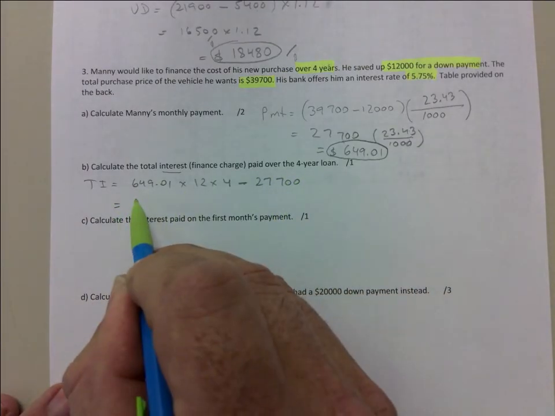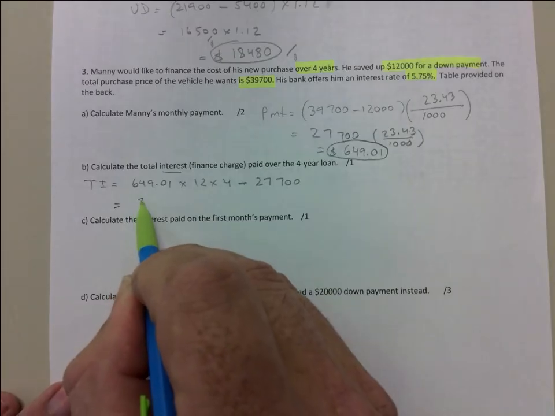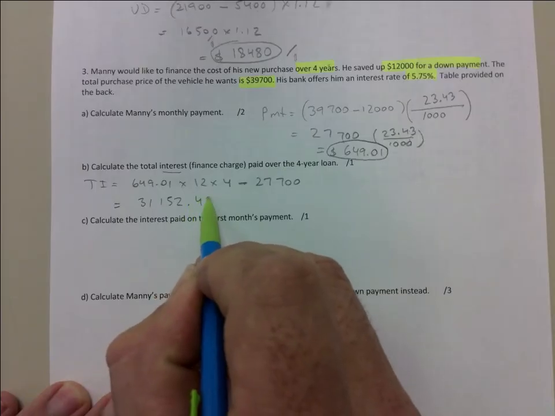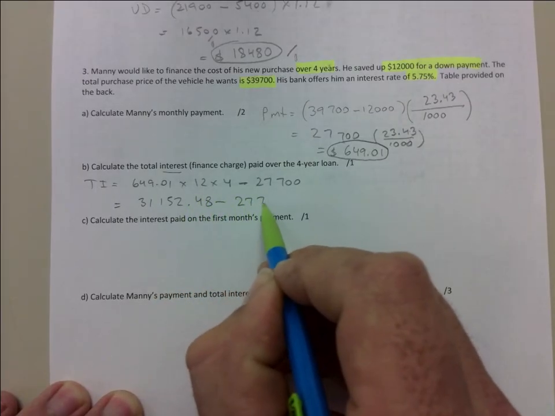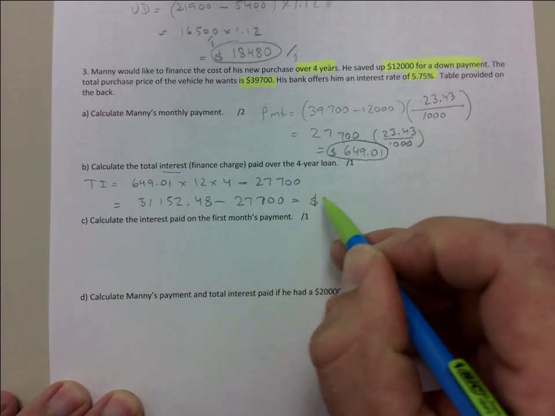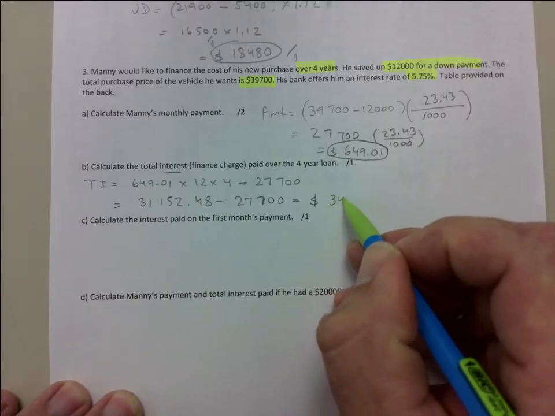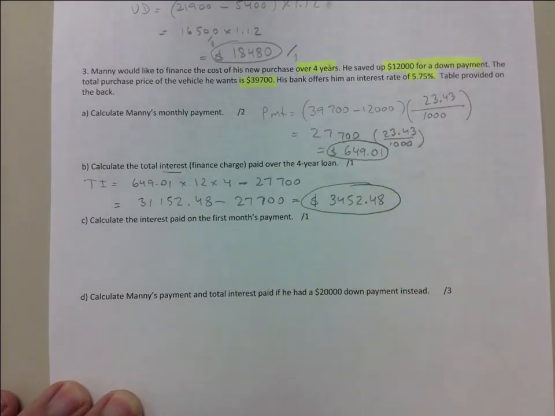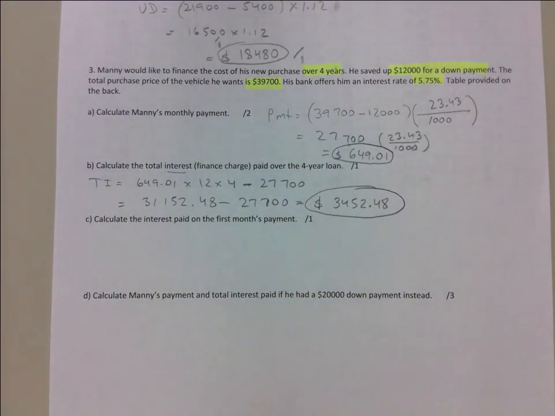You crunch the numbers, you get 31,152.48 minus 27,700. You get a total of 3,452.48. So you get a mark for doing this correctly.